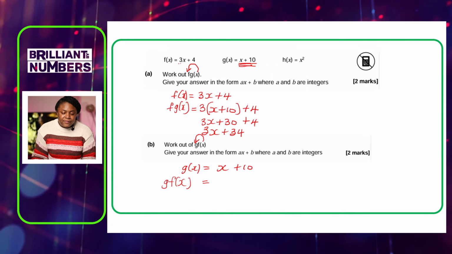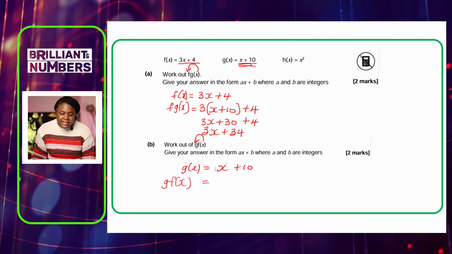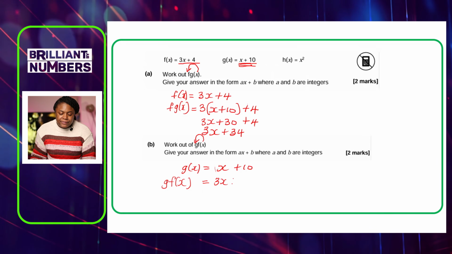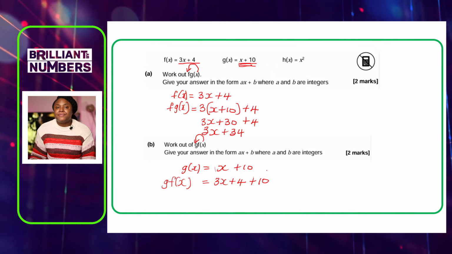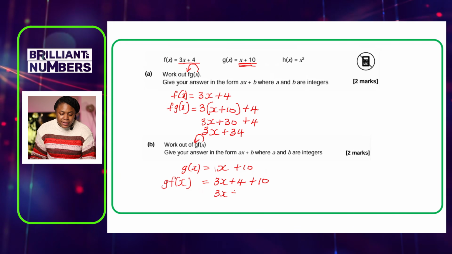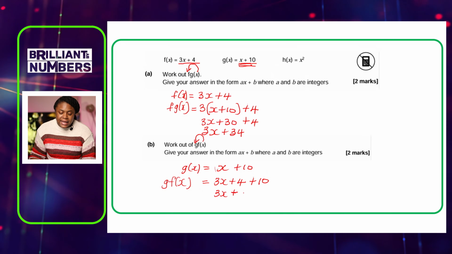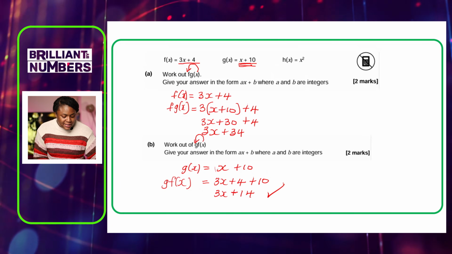The value of f of x is 3x plus 4. So I'm replacing this x with 3x add 4. And then I also had a plus 10. So 3x plus 4 plus 10 is 14. So that's our answer there.